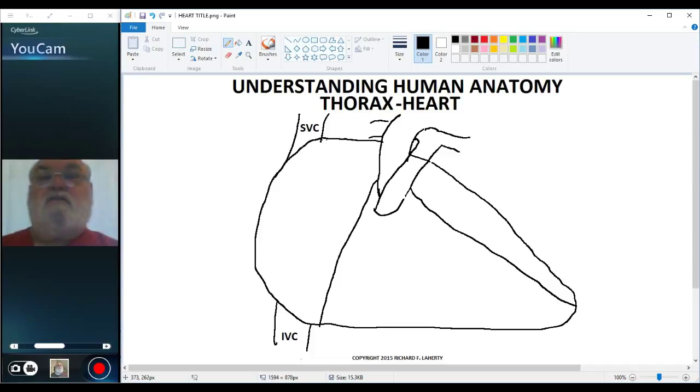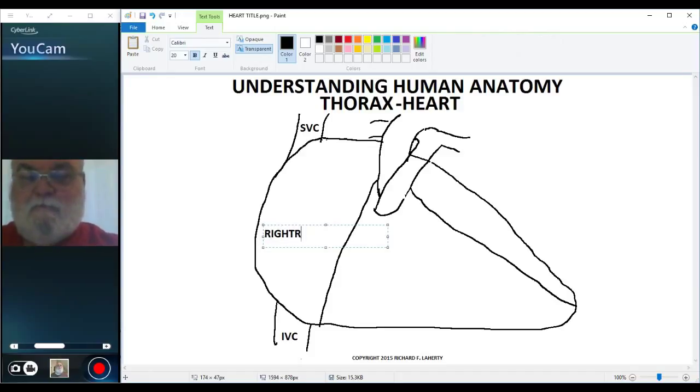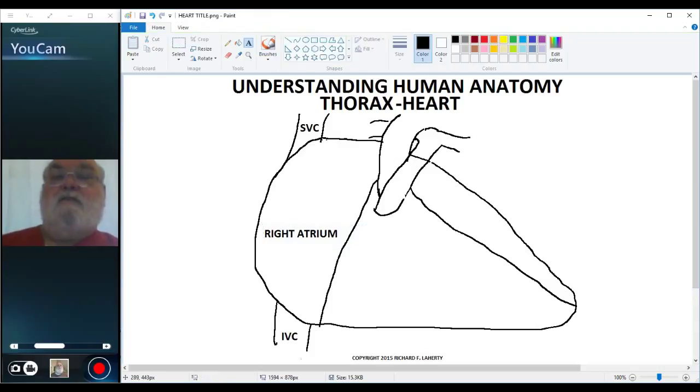This is the right atrium. Okay, and it's the atrium that sits anteriorly. Both atria have a sac-like appendage.